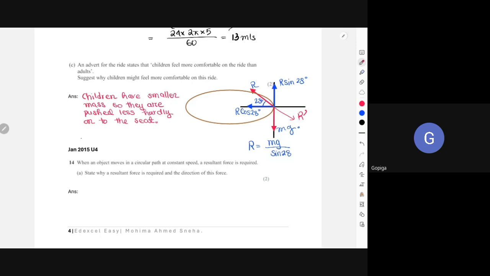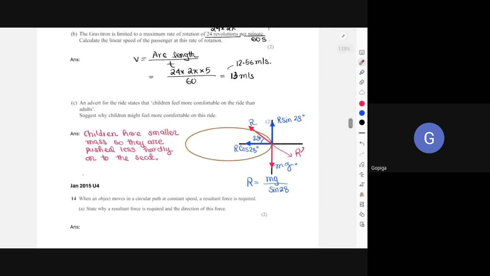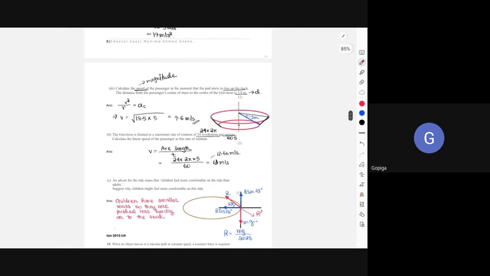Okay, this is the final answer then. And with this, our first theoretical question is done. I'll just zoom out so you guys can see this entire question.